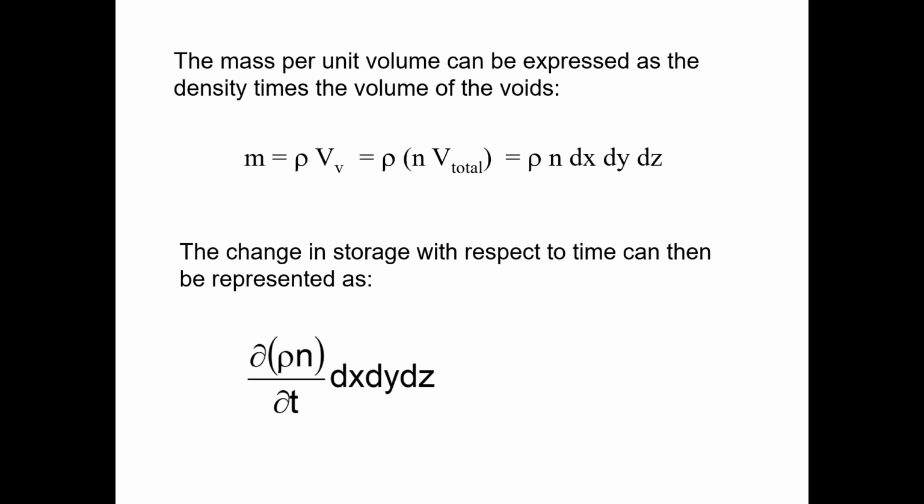But dx, dy, dz doesn't change. This density porosity term could potentially change. So it represents the derivative or the rate of change of the density times the porosity with respect to time multiplied by the volume of the representative element. So remember that term.